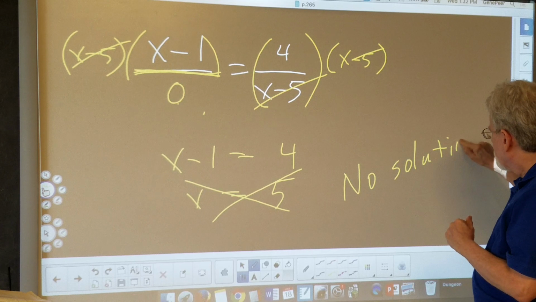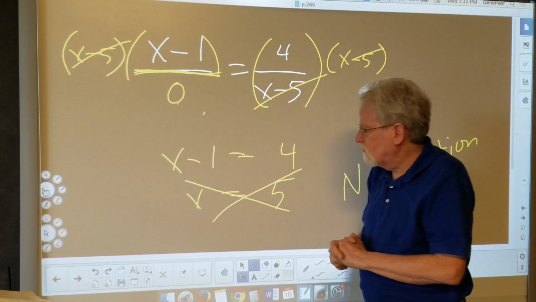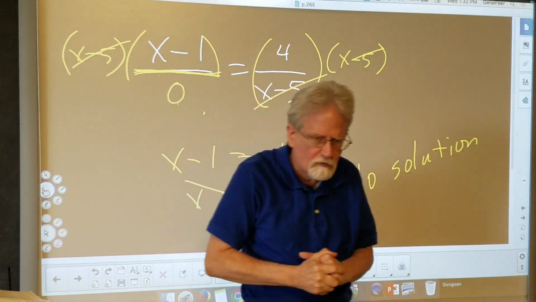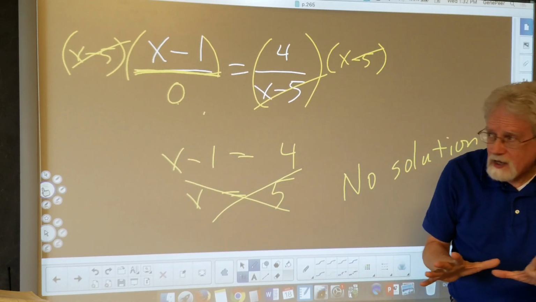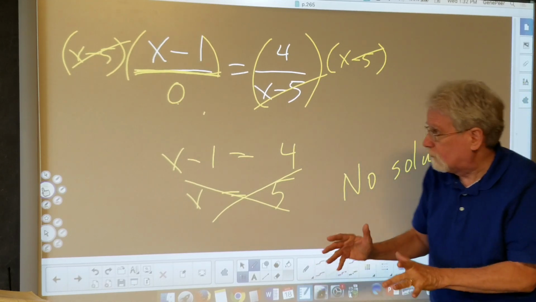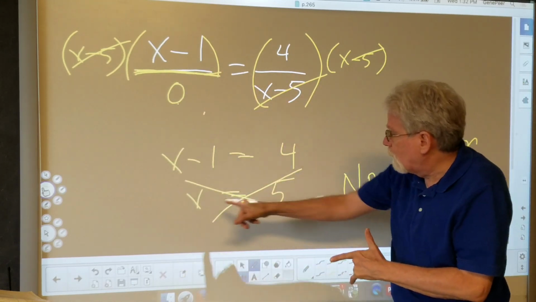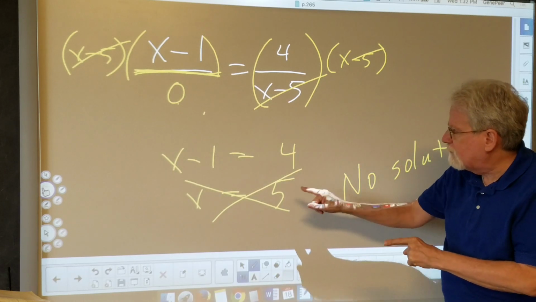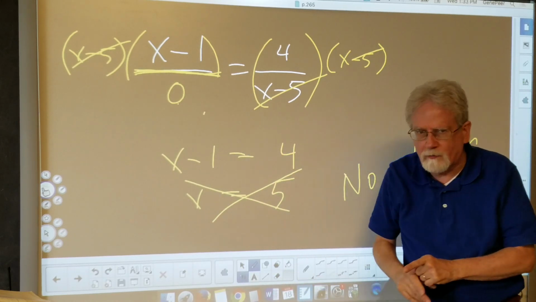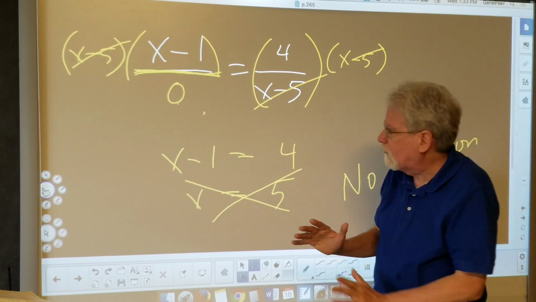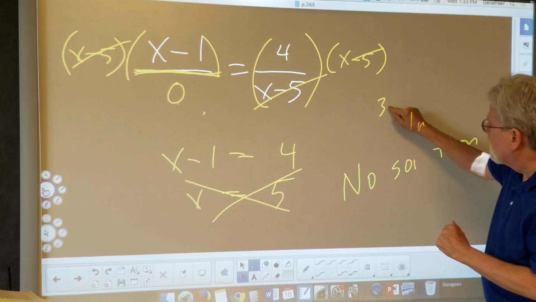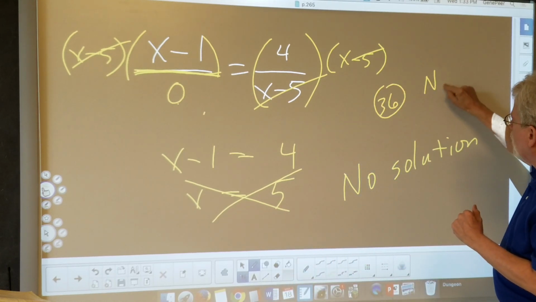In the homework, you will come across one equation, I believe just one, that has no solution. You must show me on your paper the reason why there is no solution. You have to do the work, end up with x equals 5, and then tell me that 5 can't work because it puts 0 in the denominator. I need to see that. I don't want to see you simply write, number 36, no solution.